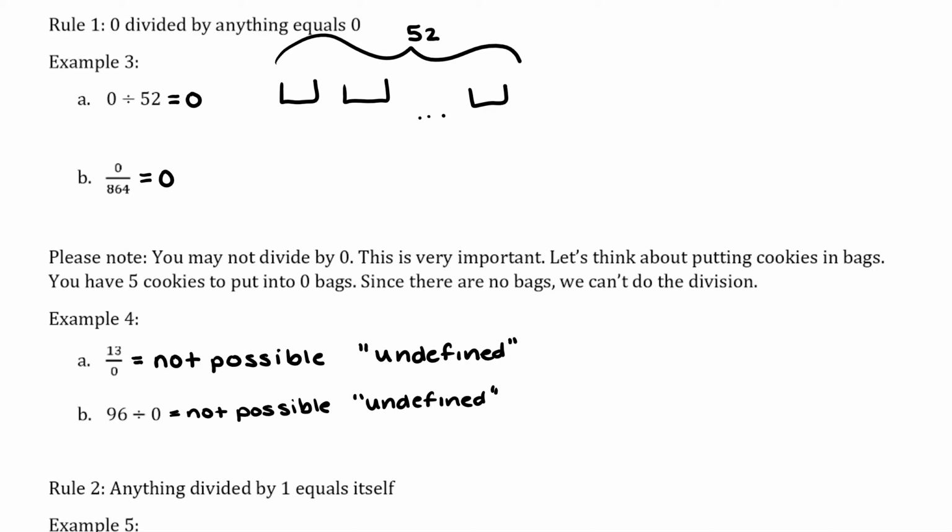Now take a minute to look at the differences in example 3 and example 4. So let's take the division symbol in between the numbers left to right. 0 divided by 52, and down here 96 divided by 0. So you can see when the 0 is first, the answer is 0, but when the 0 is second, so we have divided by 0, it's not possible or undefined.